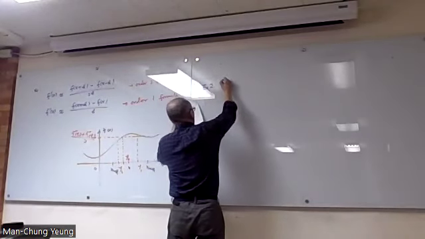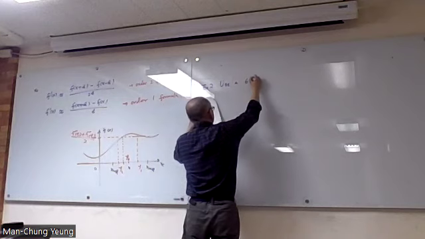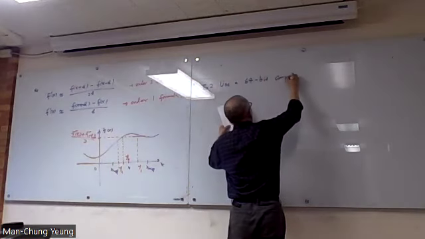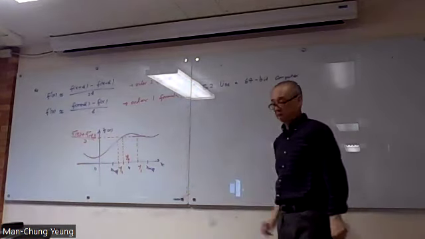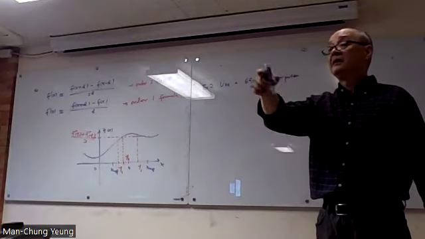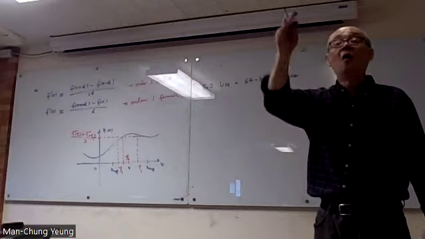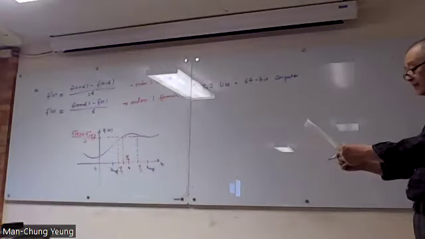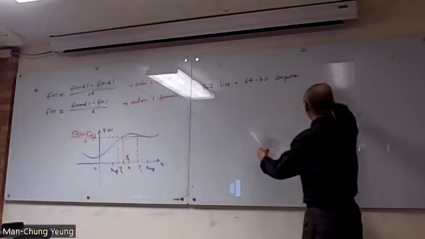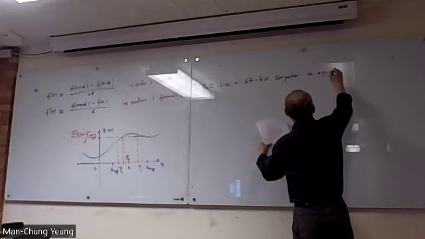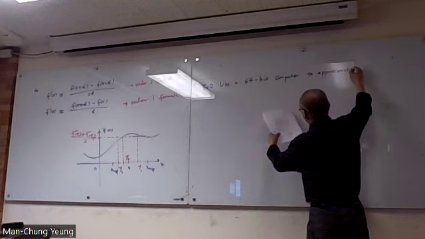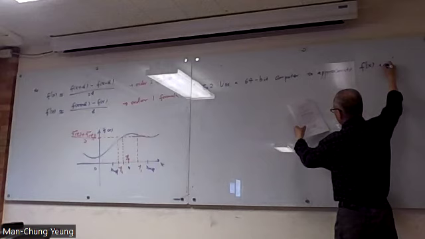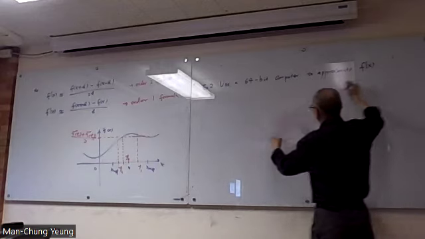Example number 2. I use a 64-bit computer, standard. The computers in the office here are all 64-bit computers. Use a 64-bit computer to approximate the derivative.